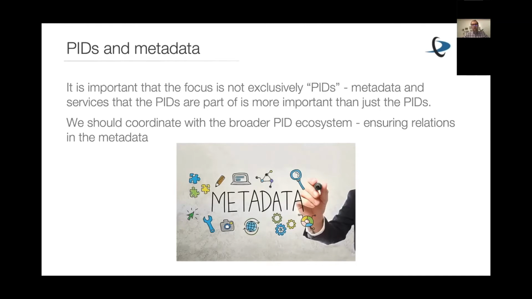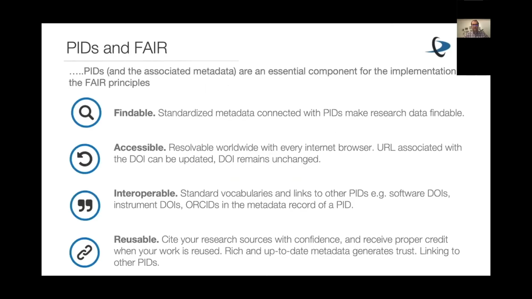We should coordinate with the broader persistent identifier ecosystem to ensure that there are relationships between the metadata that we have associated with the persistent identifiers. In order to make persistent identifiers FAIR, this is crucial.